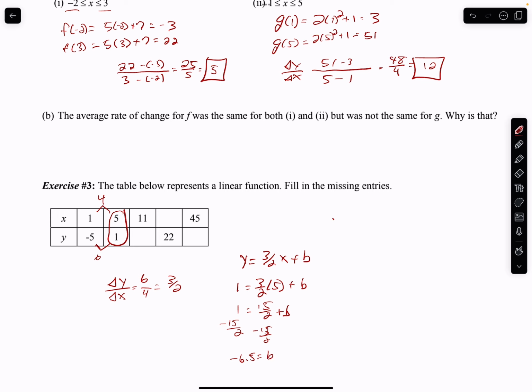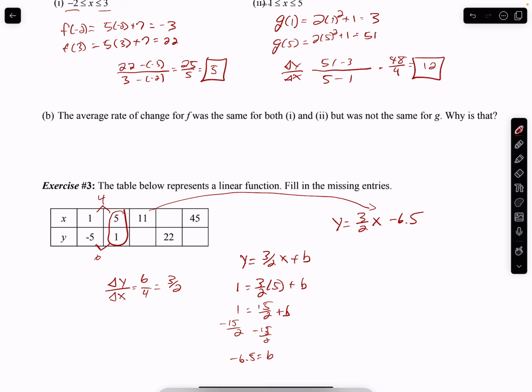So now I have the equation y equals 3/2 x minus 6.5. And what you can do here is just substitute in points. If I know 11 is my x value, I could substitute it in. If I know 22 is my y value, I could substitute it in. Well, let's go ahead and do that.